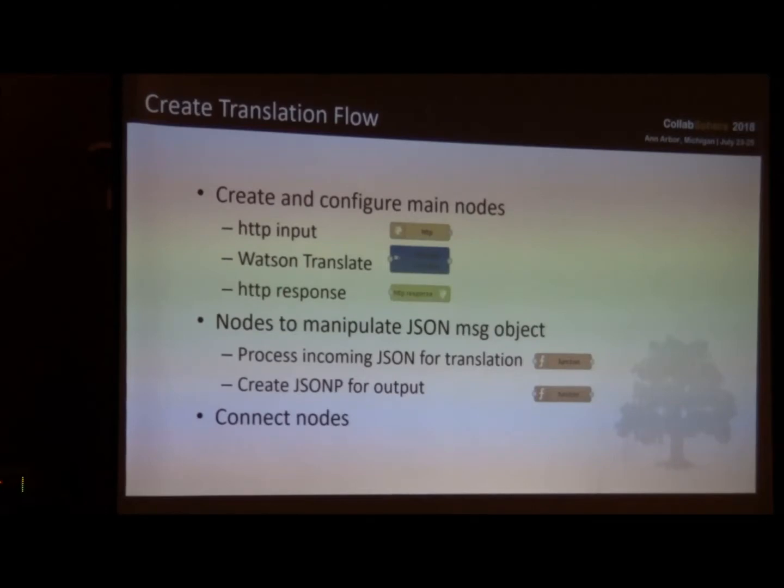As I mentioned before, you use message or payload, but the translation node wants things in a slightly different format. So I'm going to have two functions here, one to process the incoming JSON to fit what the translation node wants.